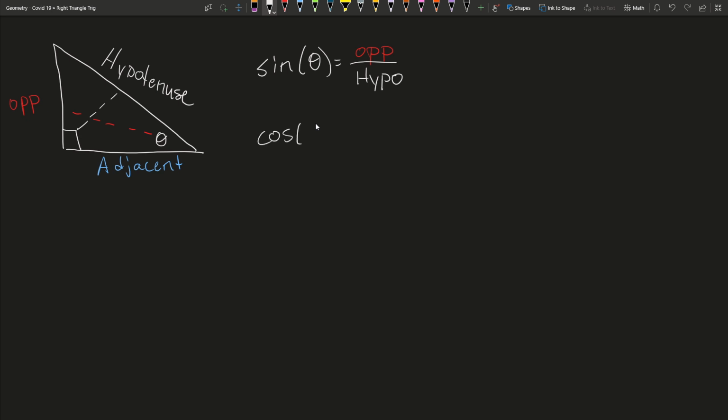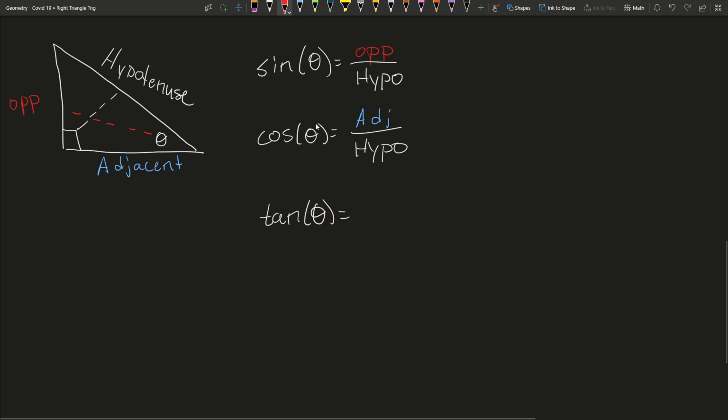The cosine of theta will be adjacent over hypotenuse. And the tangent of theta will always be the opposite over the adjacent. And we can solve for any one of these sides by plugging into the Pythagorean theorem.